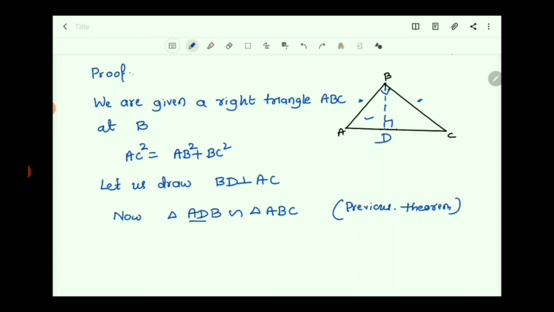So you take AD by AB, which is one pair of corresponding sides, equal to AB by AC. Corresponding sides are proportional.